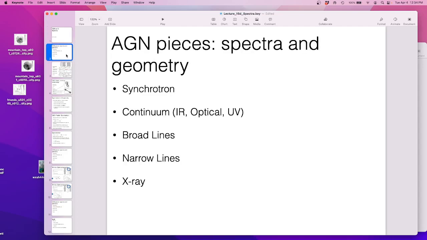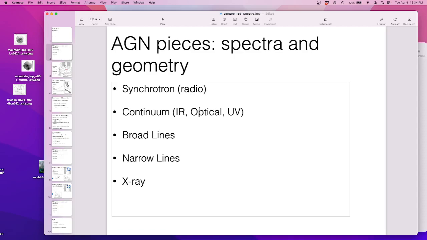Anyway, so okay, pieces of AGN spectra. We're going to talk about the synchrotron emission, which is in the radio.